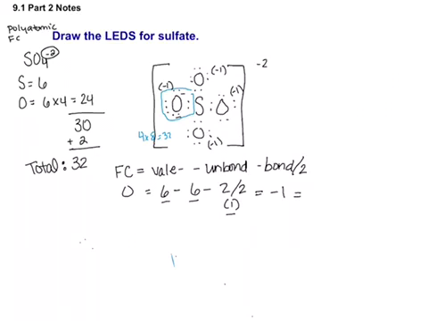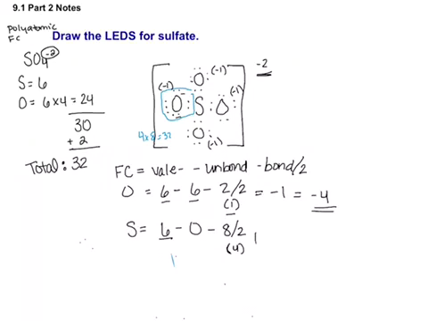So right now we're at an overall charge of -4. That's not okay because our overall charge on that polyatomic is -2. So we need to look at the sulfur's formal charge. Sulfur has 6 valence electrons. In this diagram it has 0 that are unbonded. And it has 8 bonded electrons, which is 8 divided by 2 for 4.